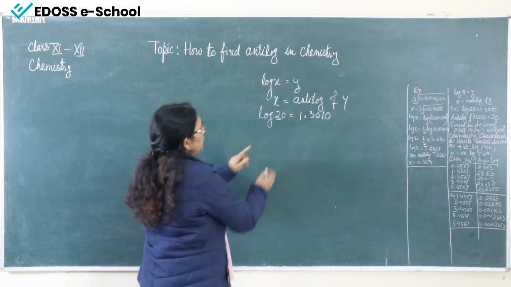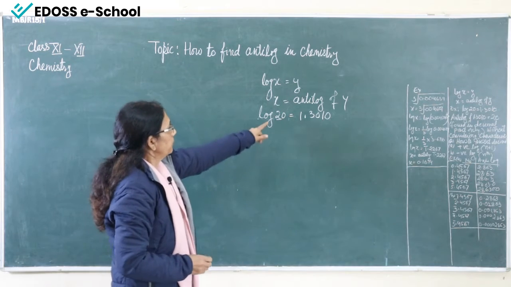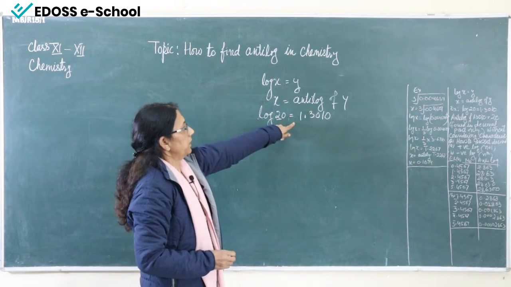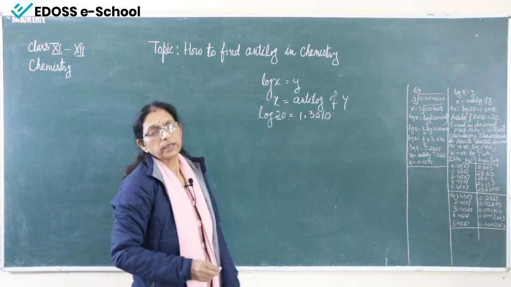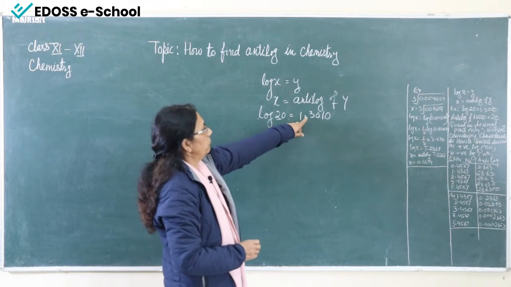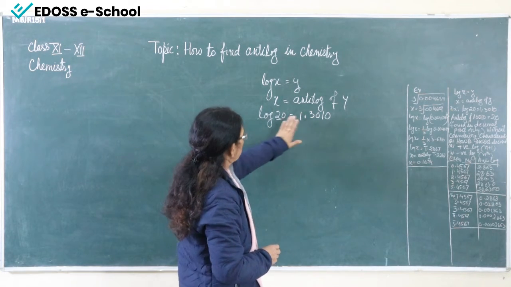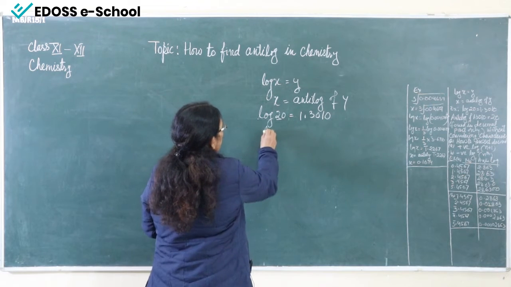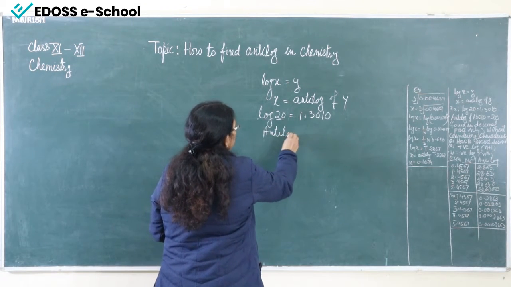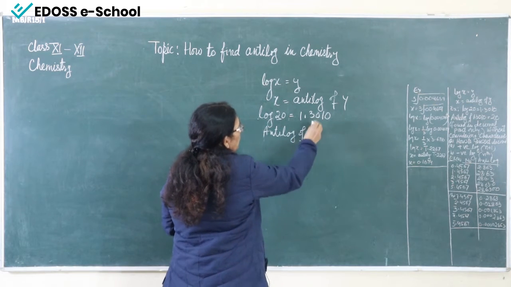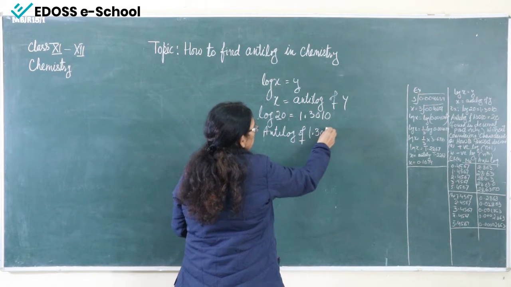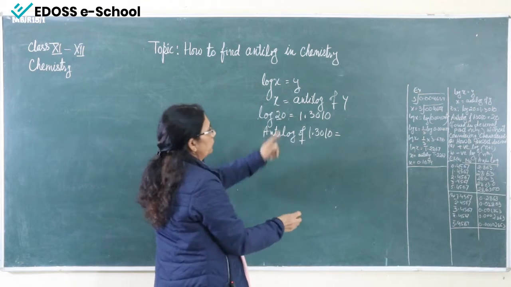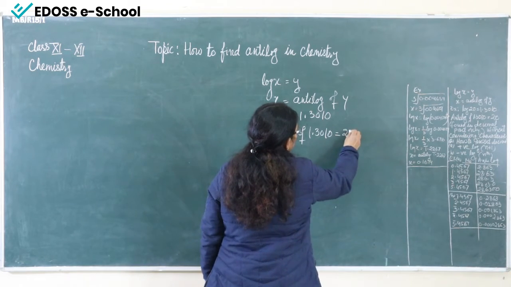There are two significant figures, so this will be 1, and for 20 in the log table, the value will be 3010. So log 20 is equal to this. So we can say that antilog of 1.3010 will be equal to 20.